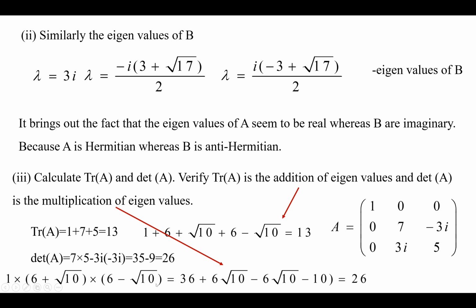This gives us 36 minus 6 root 10 plus 6 root 10 minus 10. The second and third terms cancel because they are opposite, so we have 36 minus 10, which gives us 26. So it is clearly proven that the determinant of A is nothing but the product of the eigenvalues.